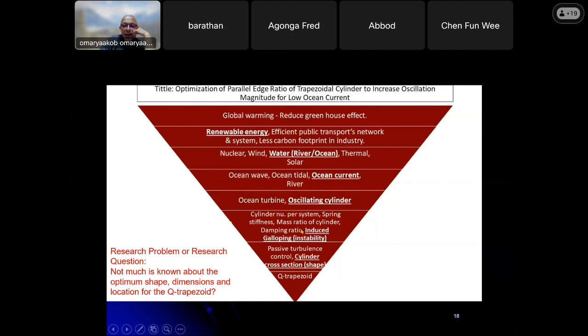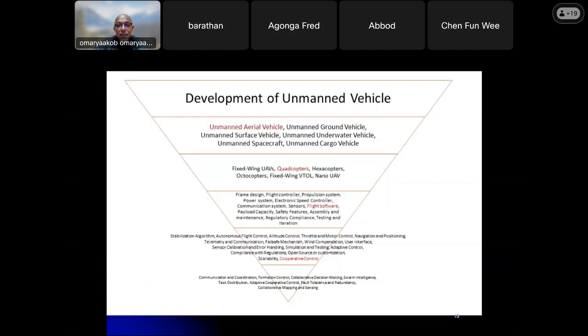One way is to induce galloping using the shape of the cylinder. So the question is, not much is known about the optimum shape, dimensions, and location for the Q trapezoid. Some people are suggesting the Q trapezoid. People have studied it, but there are a lot more things that can be studied about the Q trapezoid itself. So that's an example.